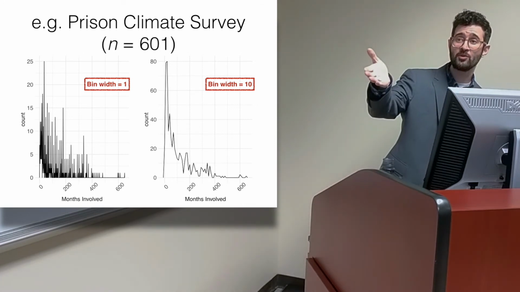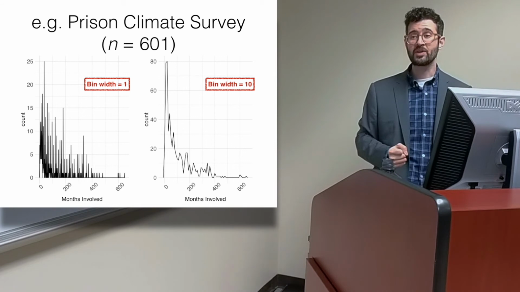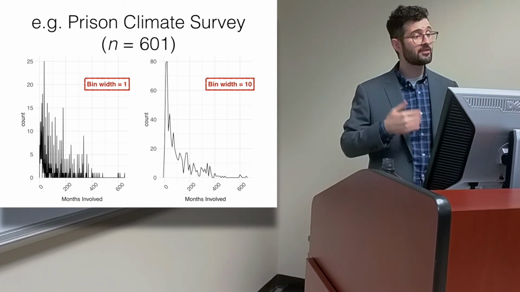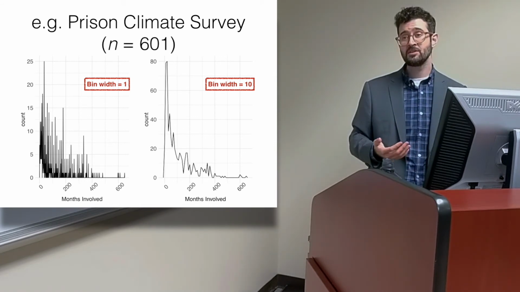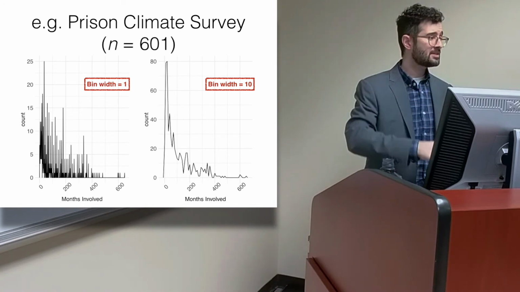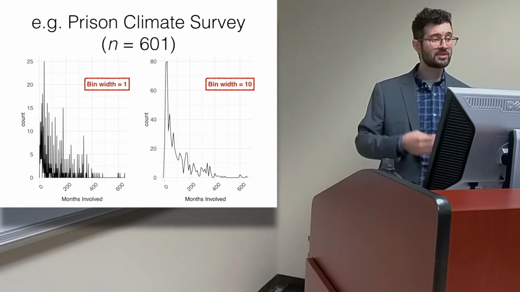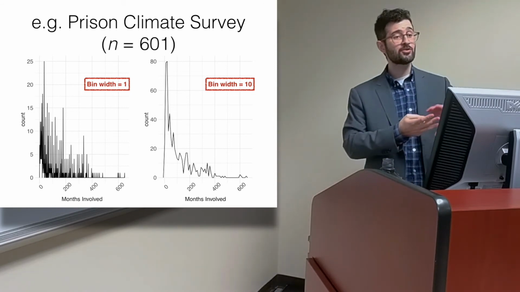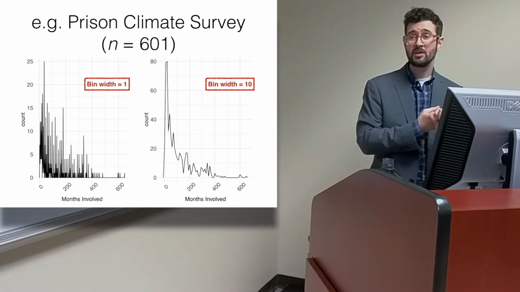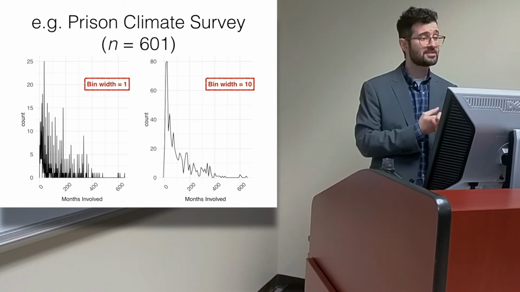If we look at these two line graphs, we get similar information that we got from our histograms. If you look at the one to the left, it's a lot noisier, it's harder to read, but we also get the sense that there are maybe 3 distinct groups of people who've been involved in the prison system.